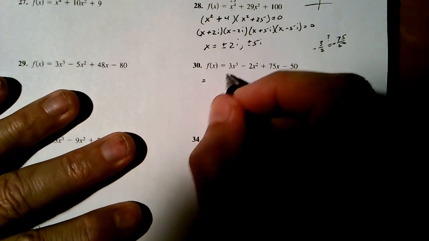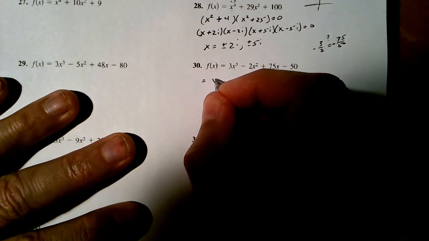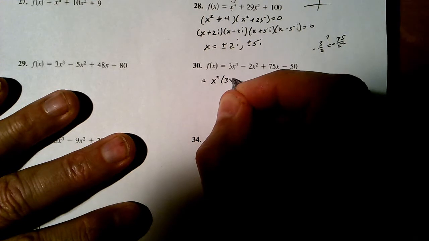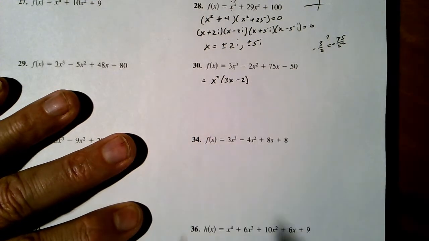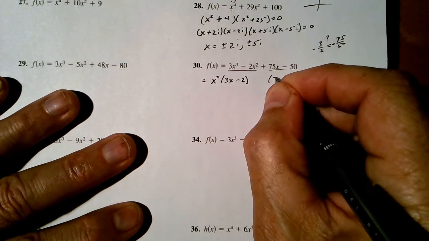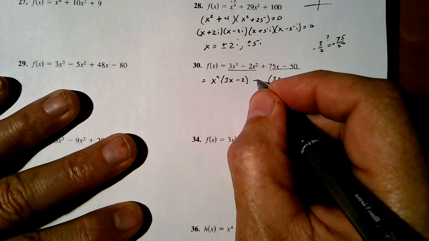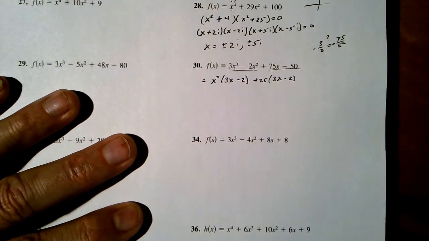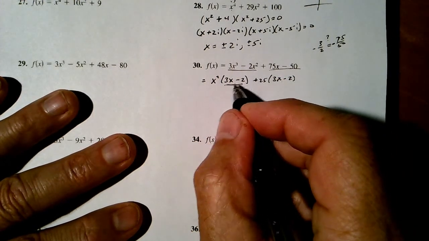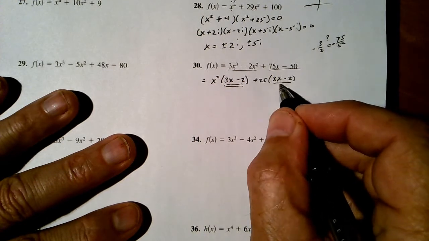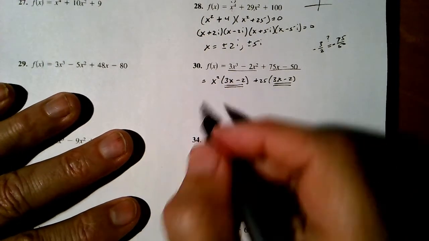Therefore, I'm going to factor out an x squared out of the first two terms. I get 3x minus 2. And if I do that ratio or proportion test, I should know I'm going to get 3x minus 2 from the last two terms. How do I get it? Factor out a plus 25. And this is what messes with some people, so I'm going to do my best explaining it.